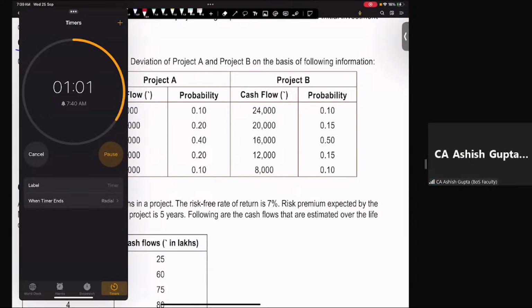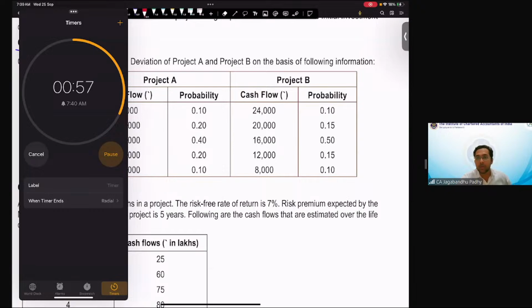Jagbanduji, another query has come from Homa Parveen. Could you please explain once more why not to calculate the coefficient of variation? The question is not asking for the coefficient of variation. If the question asks us, definitely we need to do it.